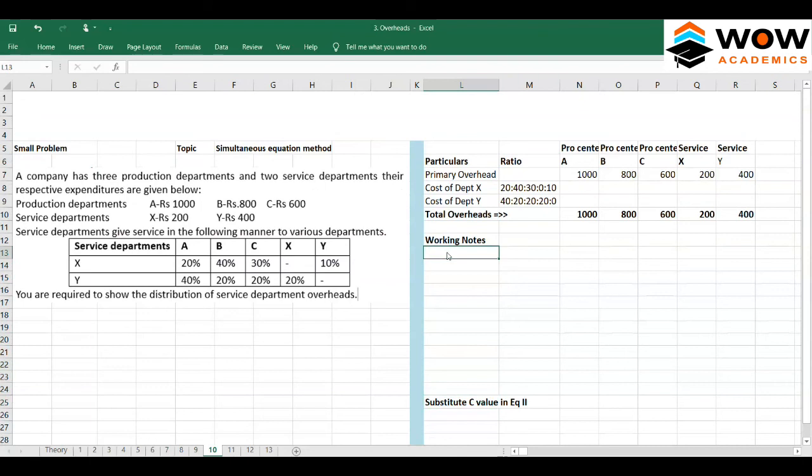So we'll start here. To work this out, again we have to create the equation. So we'll create equation number 1.